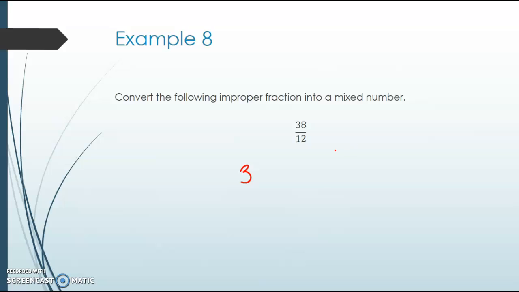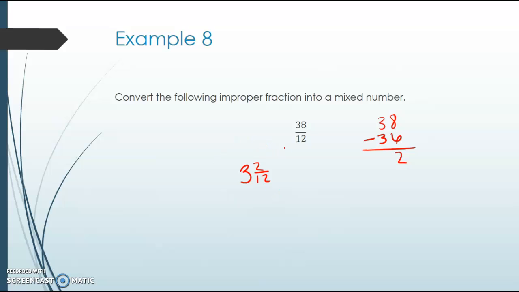Then I'm going to take the 38 minus the 36, because I'm taking out 3 groups of 12. I'm dividing out 3 groups of 12, and I need to figure out how much remains. So 8 minus 6 is 2. So we end up with 3 and 2/12ths, because our denominator stays the same.